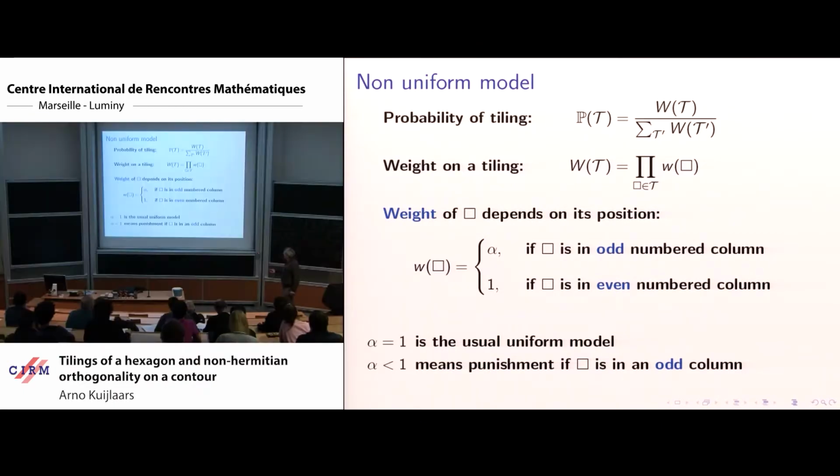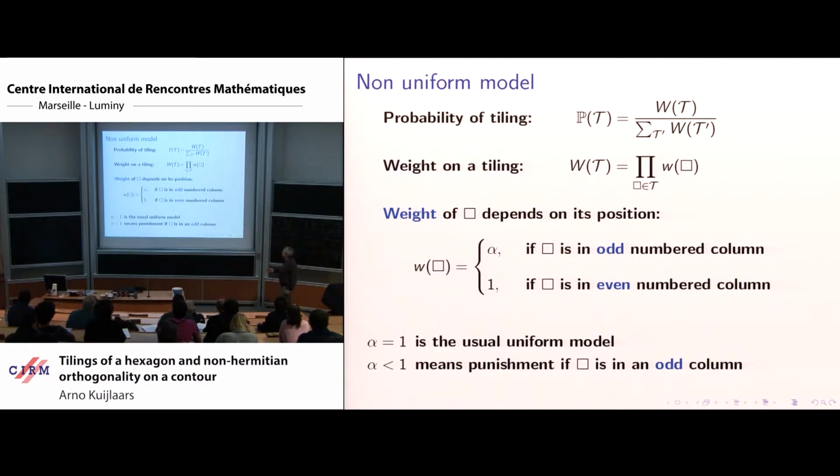If my parameter alpha is less than 1, then there is a certain punishment if I put such a square tile in an odd-numbered column. For example, if I put a square tile in the first column, then my weight becomes smaller.